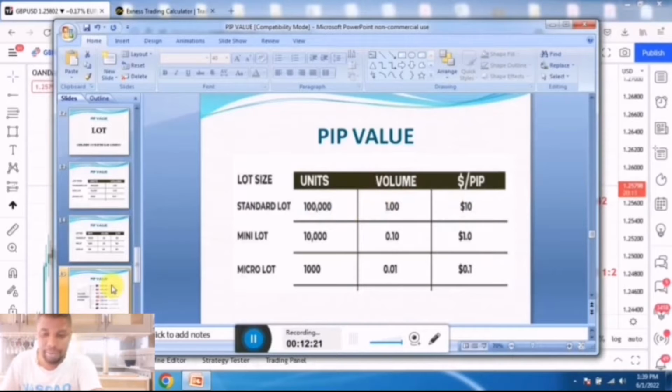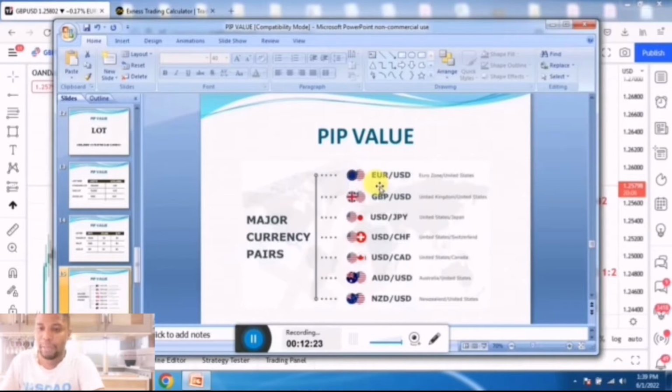So if we look at this list right here, Euro USD has a base currency of euro, but a quote currency of the dollar. So if you want to buy a single standard lot, a 1 pip move will cost you a straight $10 US. Again, on GBP USD, a 1 pip move will cost you a straight $10 again. But on USD JPY, the US dollar is the base currency and the quote currency is the JPY. So in this case, it will not cost you that $10.